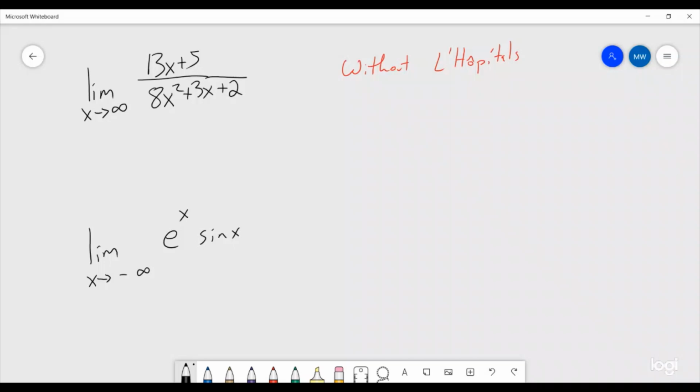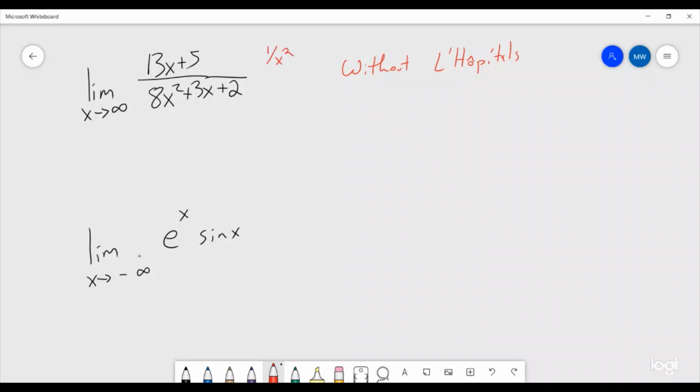Alright, so for this first one, if we just plug in infinity, we get infinity over infinity, which is one of those things we just don't know what it goes to. So what we're going to do is multiply the top and the bottom by 1 over the highest power of x that there is. In this case, that's going to be 1 over x squared.